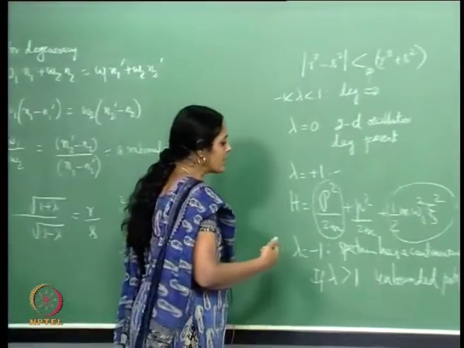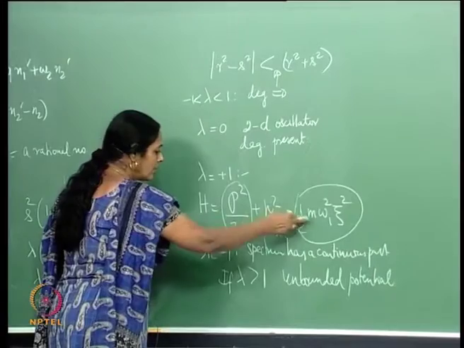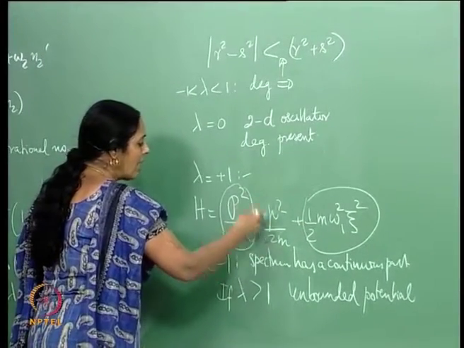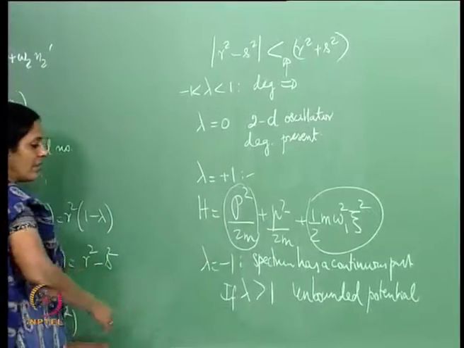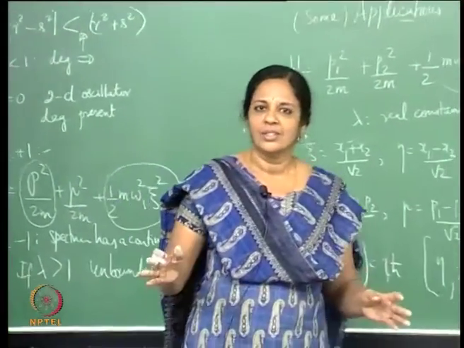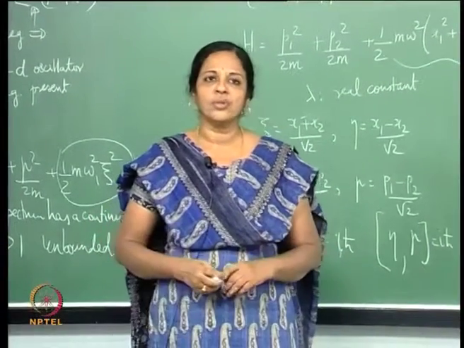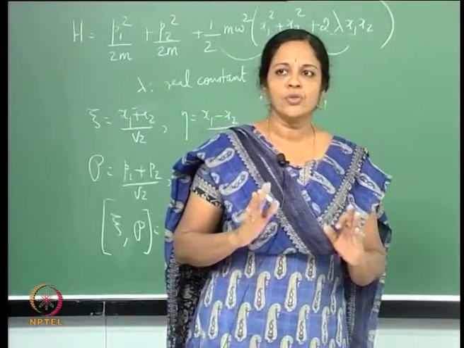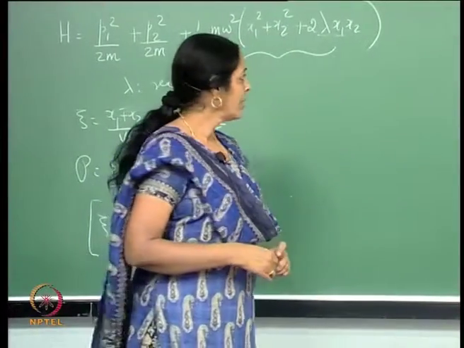Then you see a situation where there is a discrete part contribution to the energy and there is a continuous part. Then the other case is the one where the potential is unbounded, and therefore, you do not want to consider that. So, these are the very many aspects that you can see from this problem.